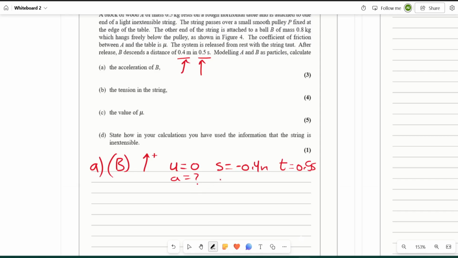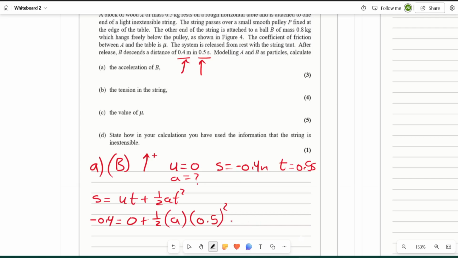So now, U, A, S, T: I didn't mention V, so I'm going to use the equation S equals UT plus half AT squared. So S, which is negative 0.4, is going to equal 0 times t plus half times acceleration, the thing that I want, times t squared, so times 0.5 squared.